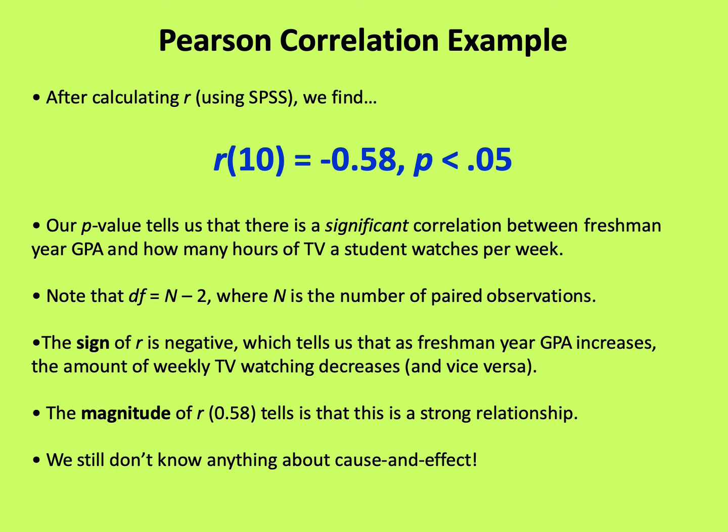Okay? Remember, our criterion is that any value of Pearson R between 0.5 and 0.7 is considered a strong relationship. So we know that there's a relationship between these two variables. We know it's a strong relationship and it's an inverse relationship, but we still don't know anything about causality or cause and effect.